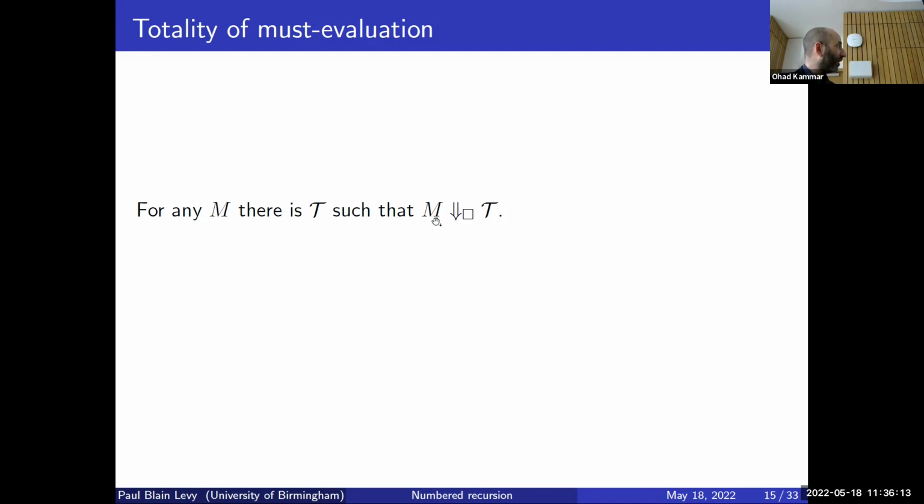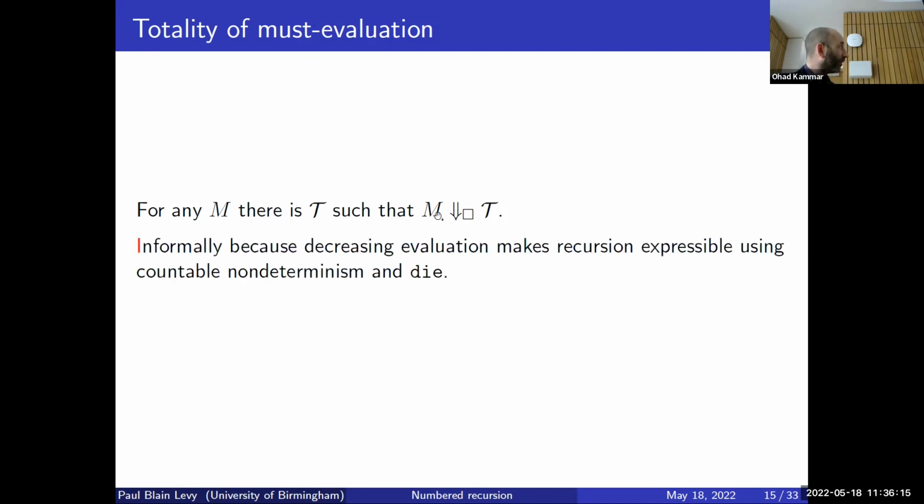Why is it total? Informally, the reason that this thing terminates is that you can see this as being a special kind of translation into a language with countable non-determinism and no recursion. So one way of thinking about this is you're expressing recursion, you're converting it into a non-deterministic choice.